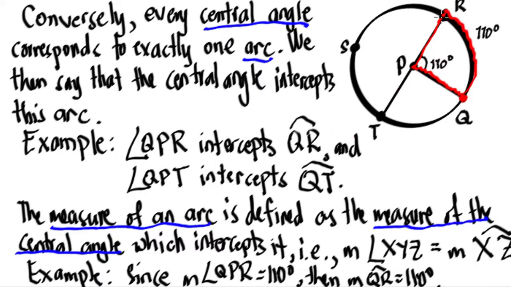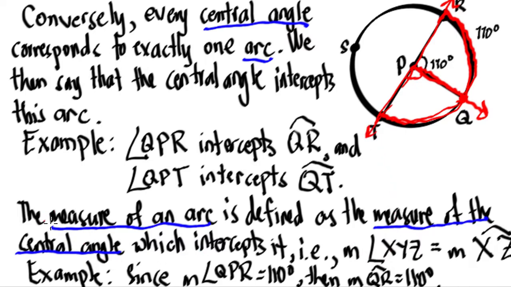It intercepts because the concept of angles is that they are rays, so this central angle extends. So we say that central angles intercept the arc. Another example is angle QPT, this one right here, which intercepts arc QT. So arc QT is this one, and this angle intercepts this arc.